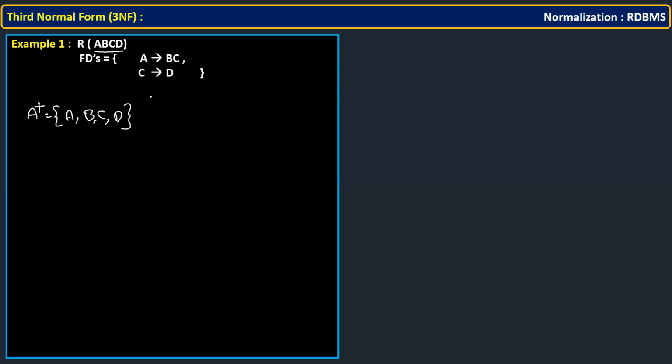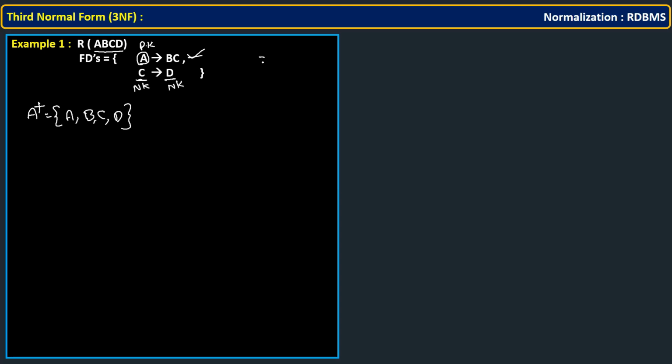Now if you observe, this is the primary key, or prime attribute. This is deriving everything, so that is what a super key. So this is not a transitive dependency. But here C is not a super key, which means it is a non-key attribute, and D is also a non-key attribute.